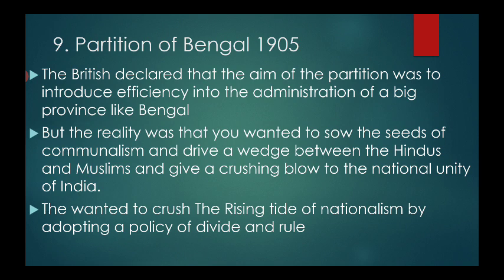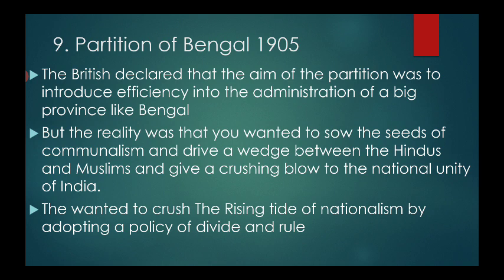of India. I have told you many times that Bahadur Shah II and Nana Sahib had created history when it comes to brotherhood, when it comes to unity of India. But now, with the help of the divide and rule policy, the British were trying to put a wedge between the Hindus and Muslims.